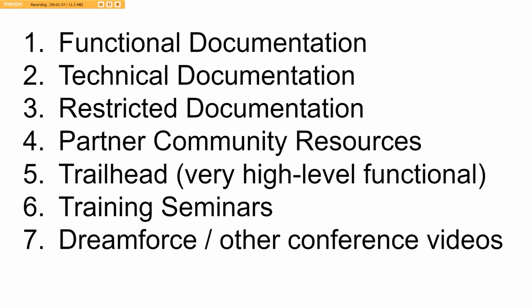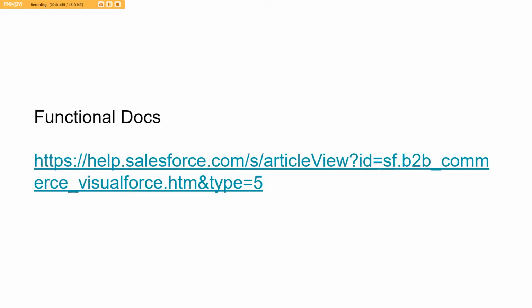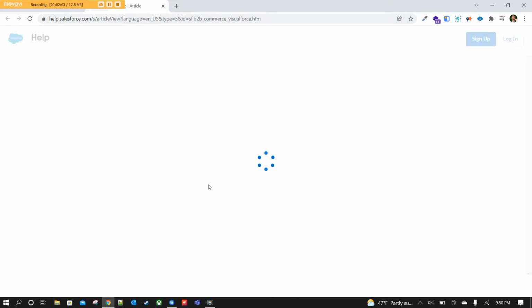Okay, so moving on to the official Salesforce resources for Salesforce B2B Commerce for Visualforce. So we have 7, and so we'll look at these one at a time here. So first of all, we have the functional documentation. And so this is essentially what it does, what it can do, how you can configure it.